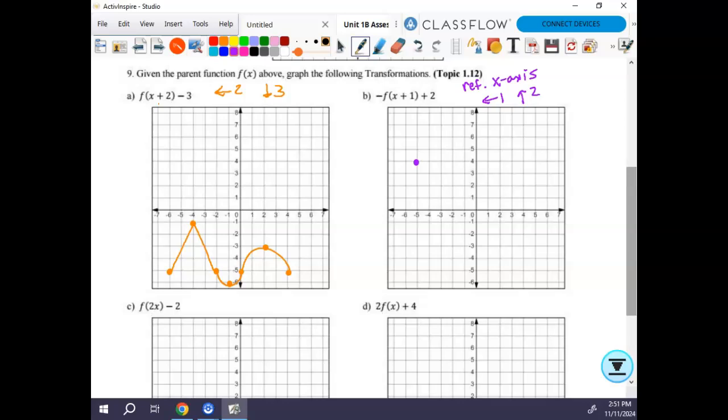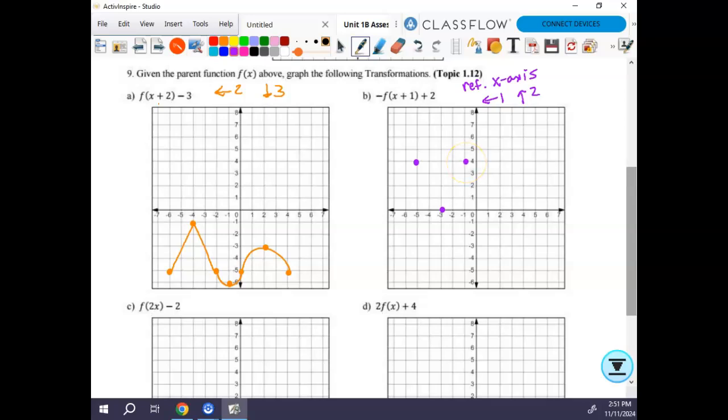Then my next point, I start at -2, 2. I start there, reflect across the x-axis down, move left 1 and up 2, and I end up right there. Then my next point, I start at 0, -2, reflect across the x-axis, left 1, up 2.